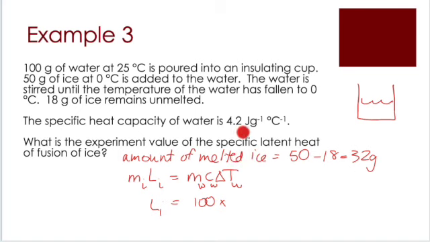Notice we always have to double check there's no standard unit. Joules per gram, we've got 100 grams, that's good. Times the change in temperature. Now this will be the temperature change of the water. The water has gone from 25 degrees and it goes down to 0. So that will be 25. All over the mass of ice that was melted.